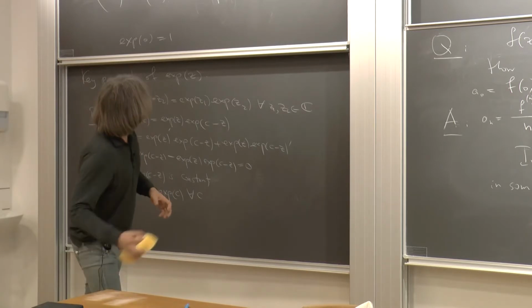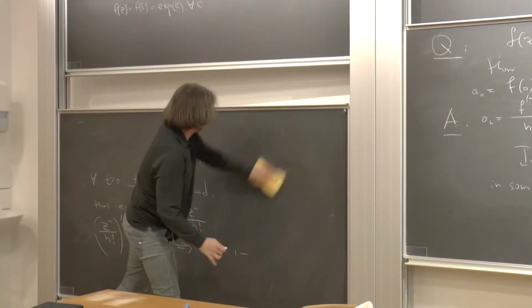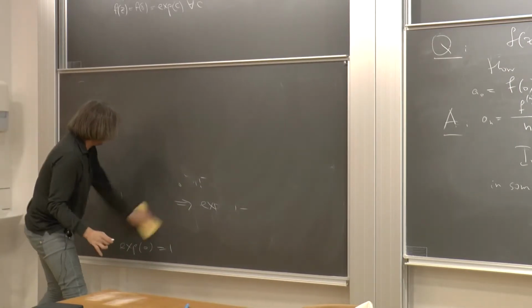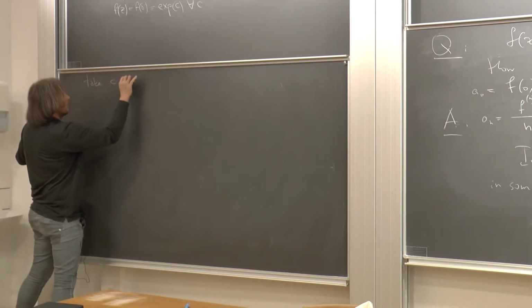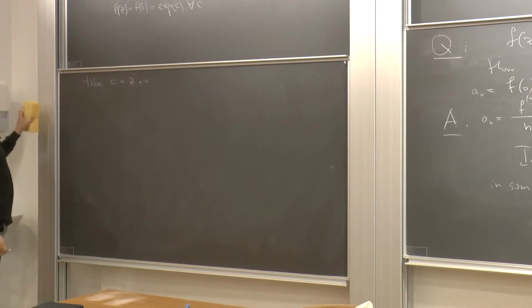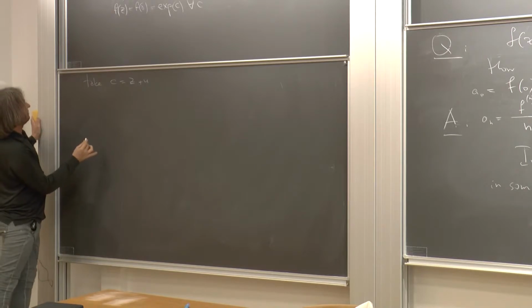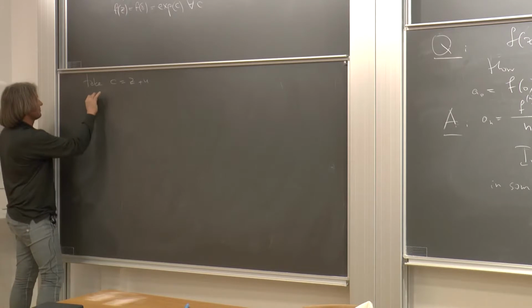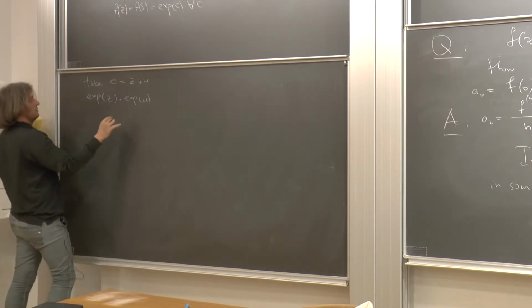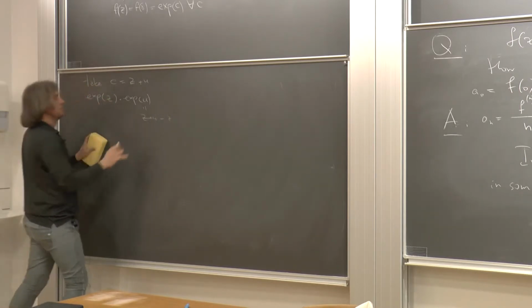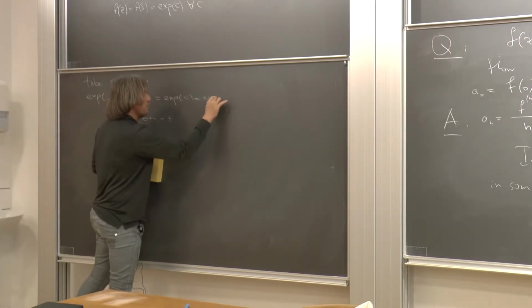Now, where should I continue? So take c equal z plus u, then we'll get that exponential function of z times exponential function of u, and this is z plus u minus z, is exponential function of c, which is exponential function of z plus u.